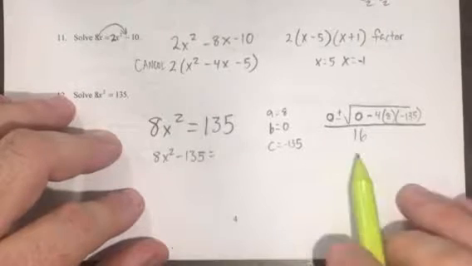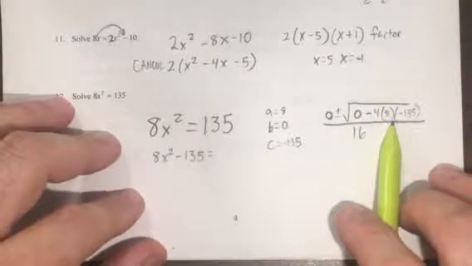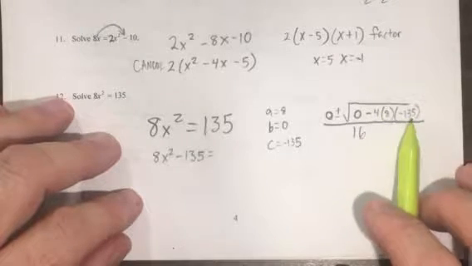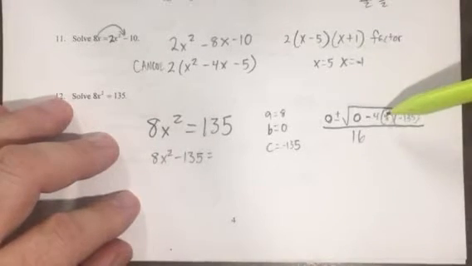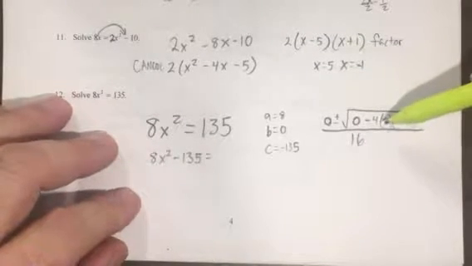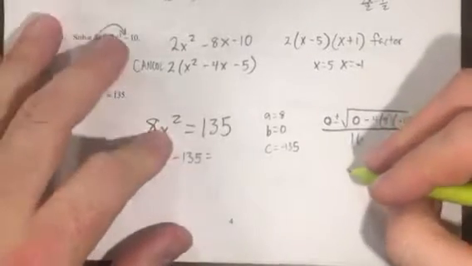Now negative 4 times 8 is negative 32. Negative 32 times negative 135. What do I get? Somebody help me out. 5,670.